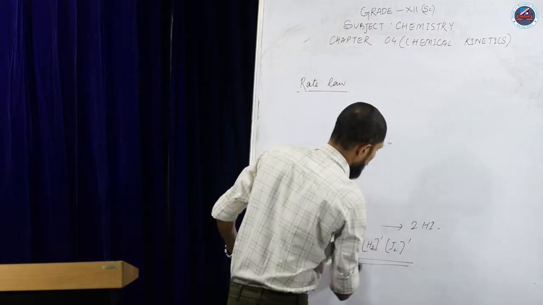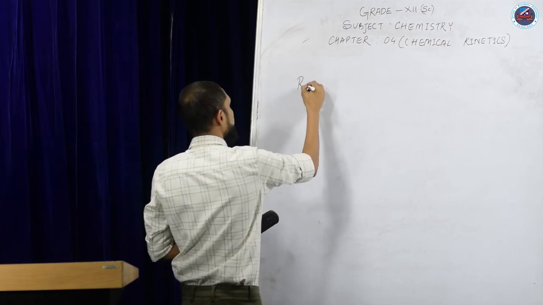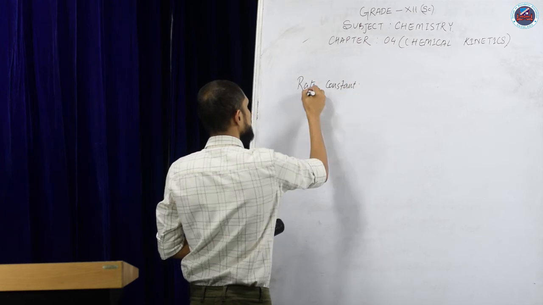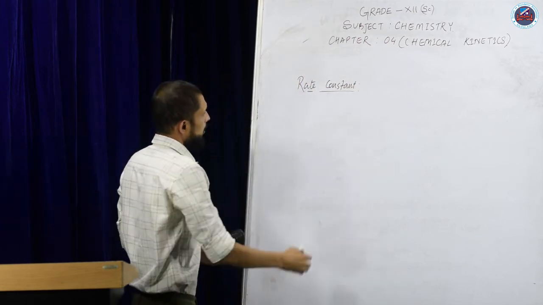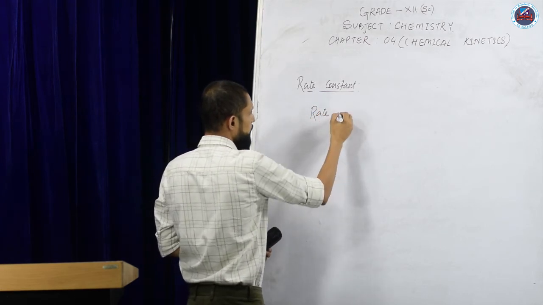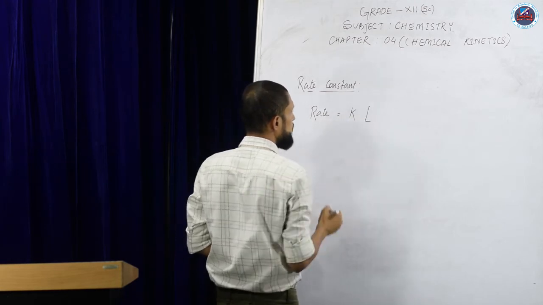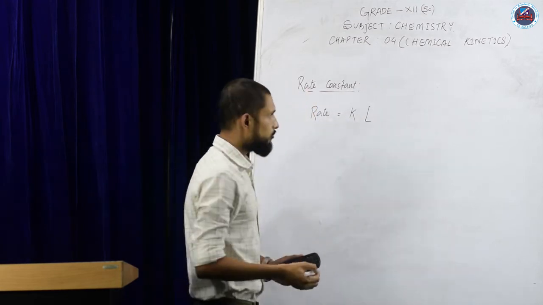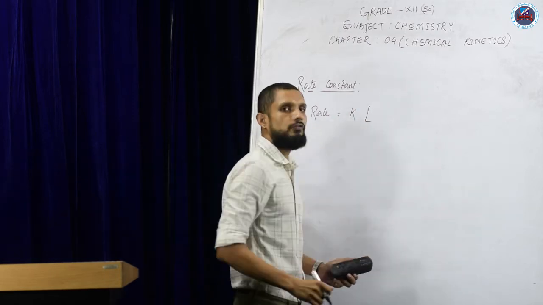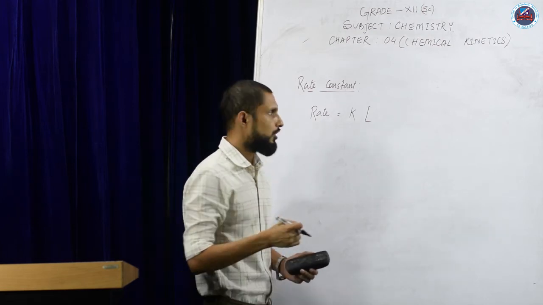Next, let us try to define rate constant of a reaction. So according to rate law, rate of a reaction is equal to rate constant multiplied by the concentration of reactant. If you have one reactant, you just write the concentration of that reactant. If you have more than one, they will be multiplied to each other.